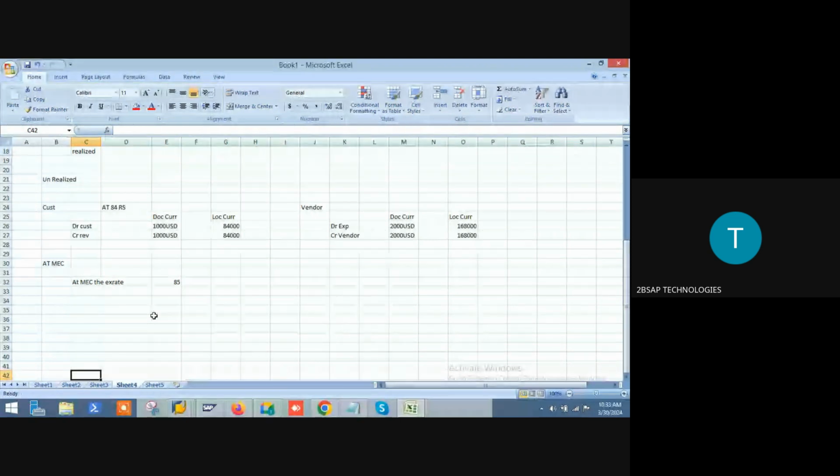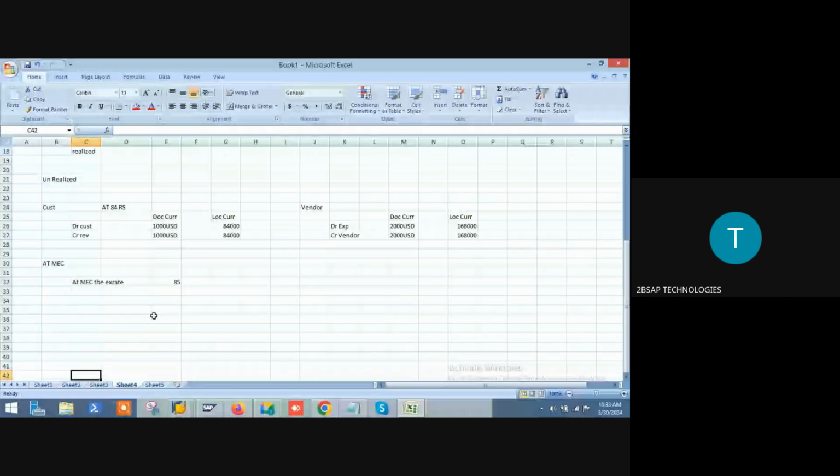If I do an immediate payment to the customer or immediate receipt from the customer on 31st, this is the valuation I get, which you need to show in your balance sheet mandatorily. That means at month end you need to evaluate your balance sheet with your month end exchange rate.